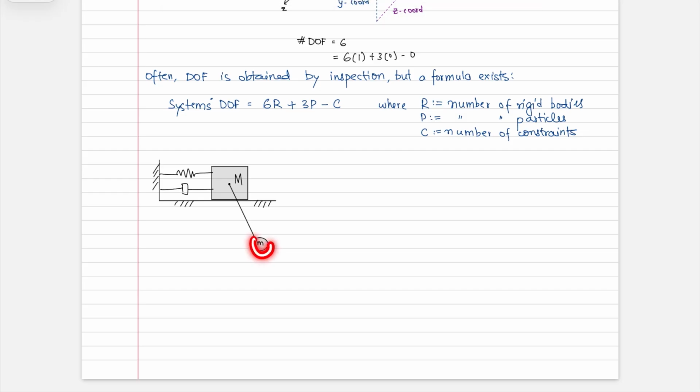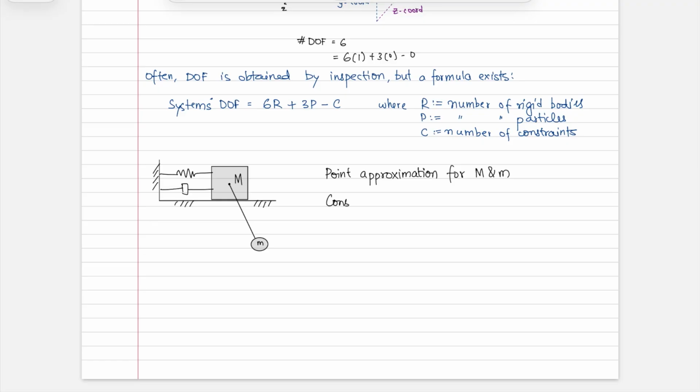Similarly, for this pendulum, its orientation, that is the yaw, roll, and pitch, these angles don't matter. It's just going to be going around in this. So we're going to approximate this as a point. So point approximation or particle approximation for both m and small m.